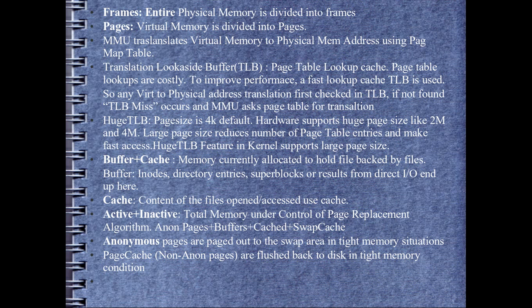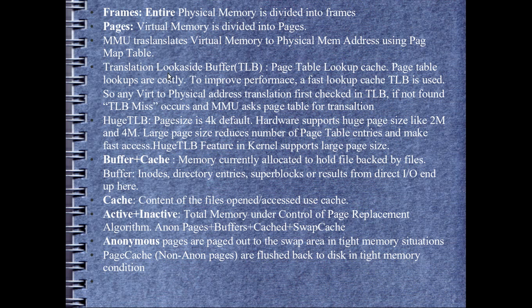Translation lookaside buffer. Accessing the page table is more time consuming, because page table lookups are costly. So a cache of the page table is kept closer to the CPU.